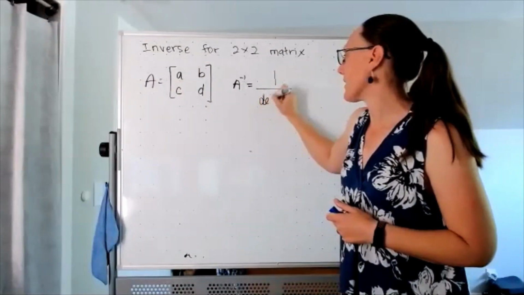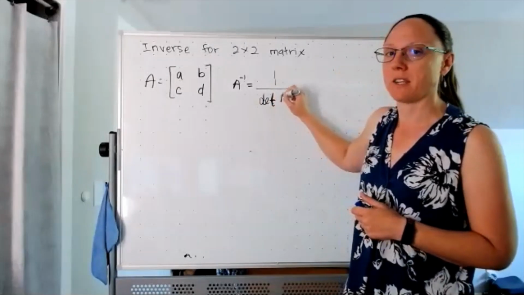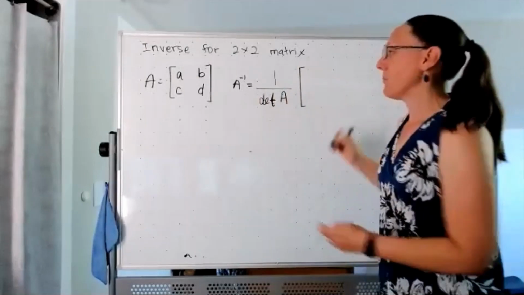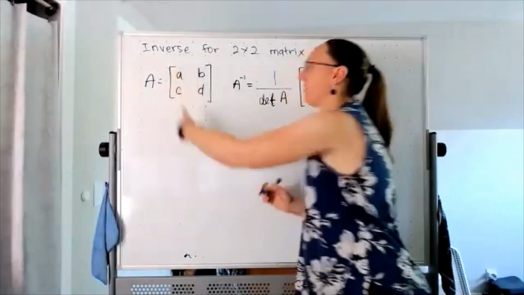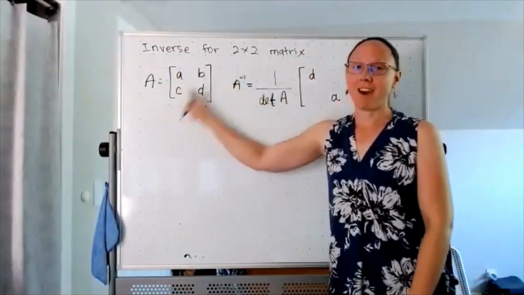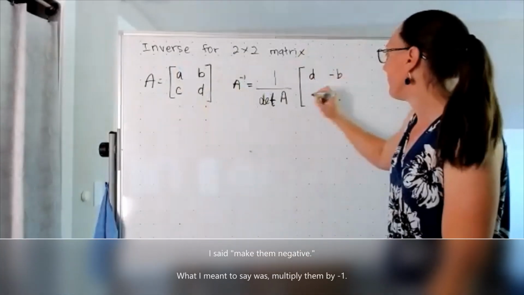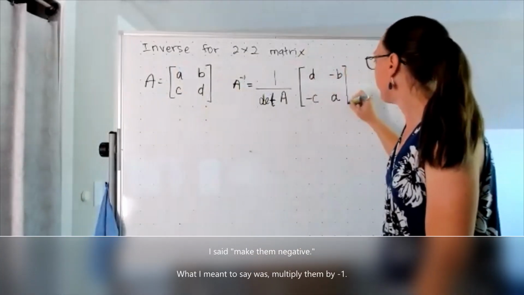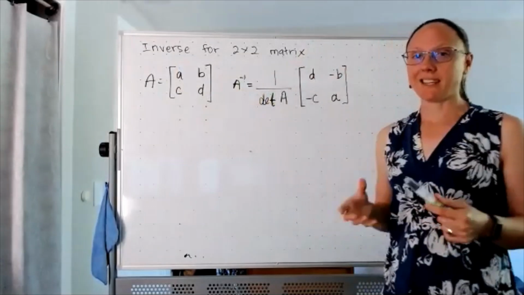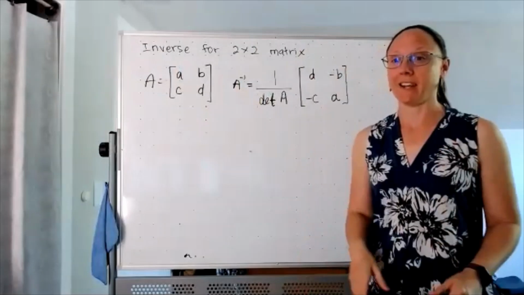I'll write this in as the determinant. That's a DET for determinant. I'll write this as the determinant of A times, we swap the diagonal, and we make the other numbers negative. Now the formula for how to find the determinant, this is super critical for us in 8.6 and in 8.7.